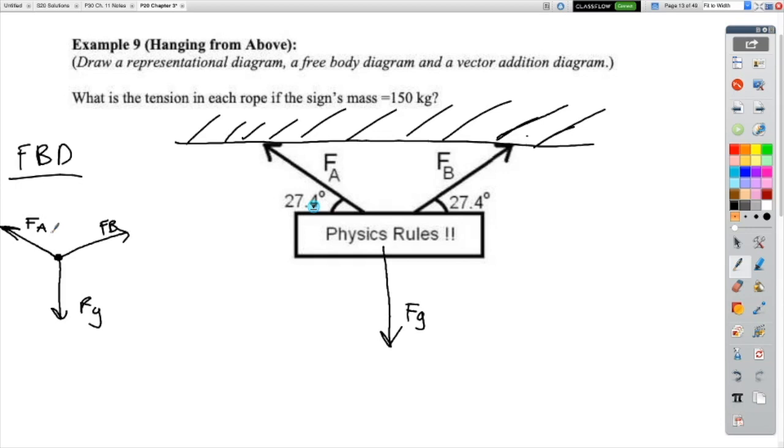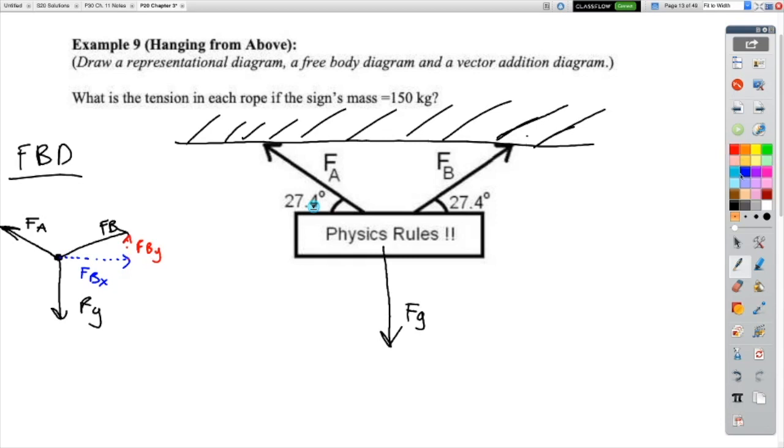Okay, let's just take a second and look at these in terms of their components. So FB is not entirely in the x and entirely in the y, so it has an x component that looks like that. That's FBx, okay? But it also has a y component that looks like that. That's FBy.